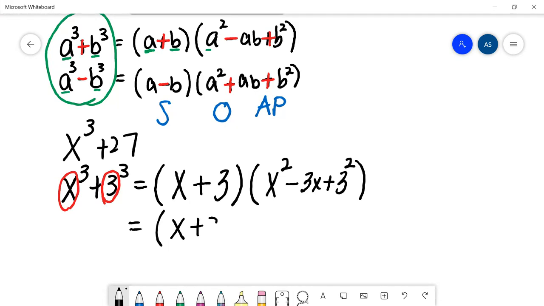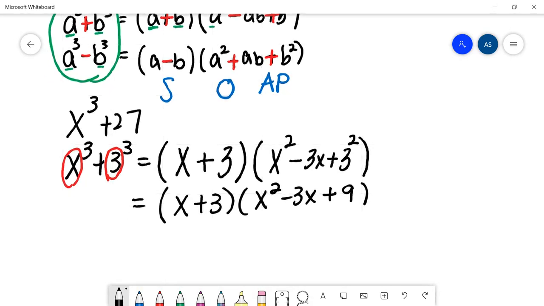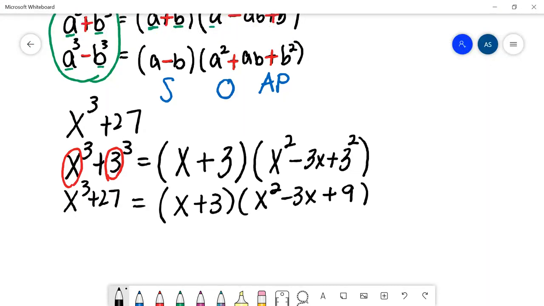We have x plus 3, x squared minus 3x, and 3 squared is 9. So we'll put a plus 9 there. So we factored x cubed plus 27. It factors to be x plus 3 times x squared minus 3x plus 9.